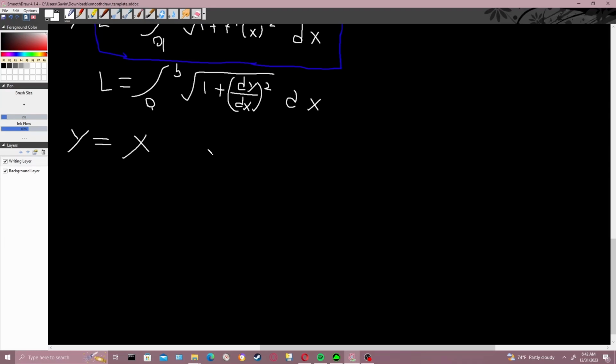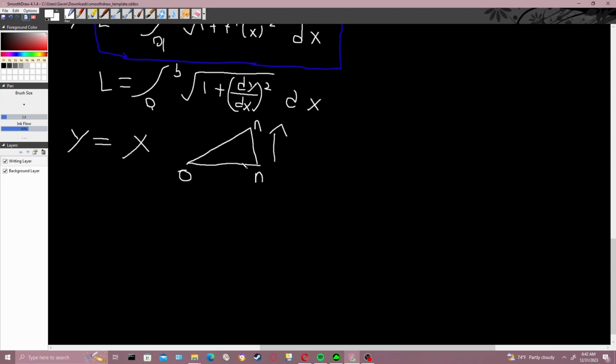We know that as x changes, y changes. In whatever length n that we get in the x direction, we will also get upwards in the y direction with the same length n.